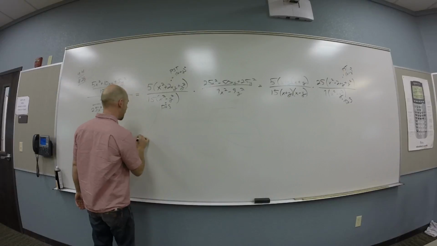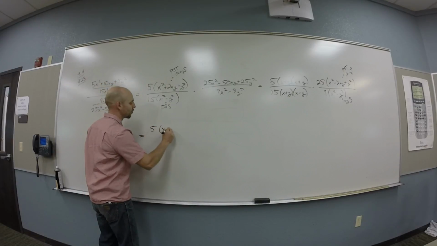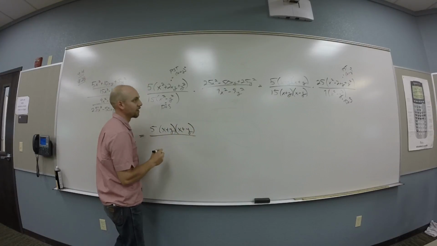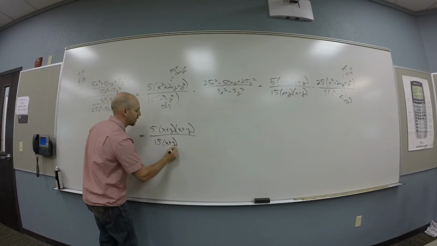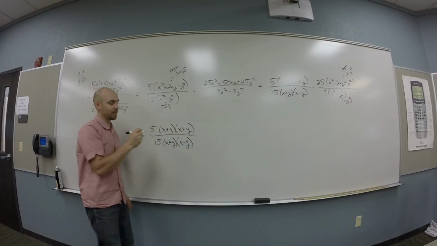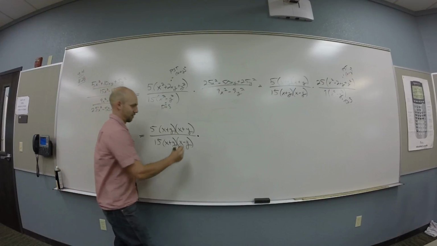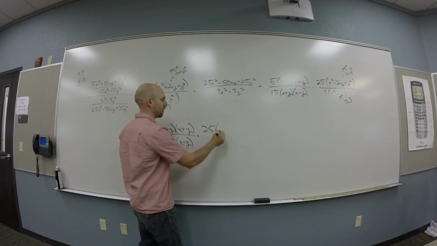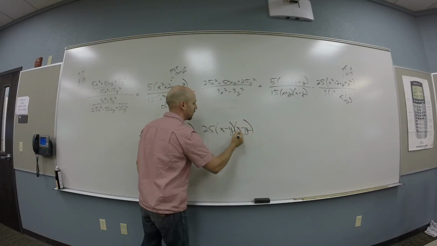Okay, so then over here I've got 5 times x plus y times x plus y on the top of the left-hand side, and 15 times x plus y times x minus y on the bottom of the left-hand side. And this is multiplied by 25 times x minus y squared, which is x minus y times x minus y.